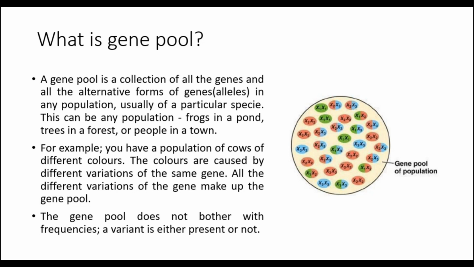For example, you have a population of cows of different colors. The colors are caused by different variations of the same gene. All the different variations of the same gene, or gene makeup, is the gene pool. It doesn't bother with frequencies; a variant is either present or not.